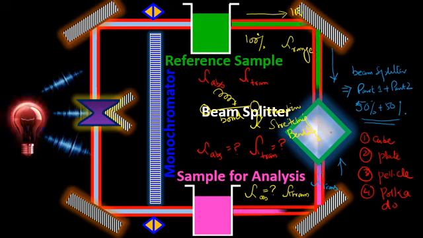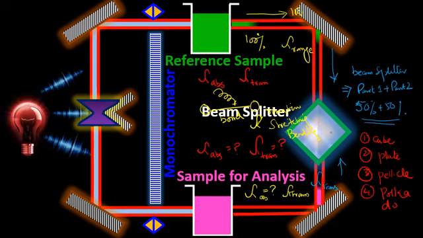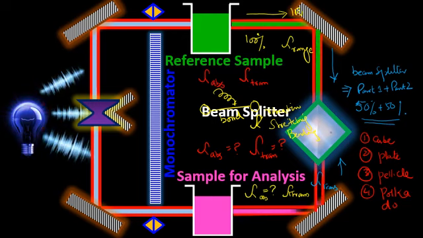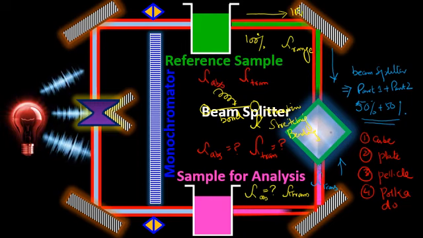So this is an overview of the second part of the infrared spectroscope. The first part consists of an IR radiation source, beam chopper, monochromator, and some mirrors for reflection. The second part of the infrared spectroscope consists of the reference sample holding part and the sample analysis part, some mirrors for reflections and a beam splitter, which equally divides the IR radiations into striking radiations and reflected radiations.